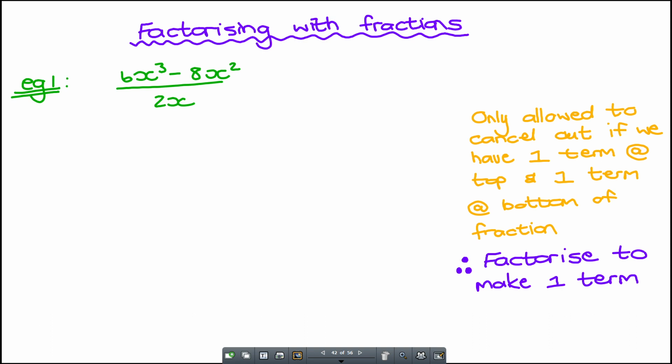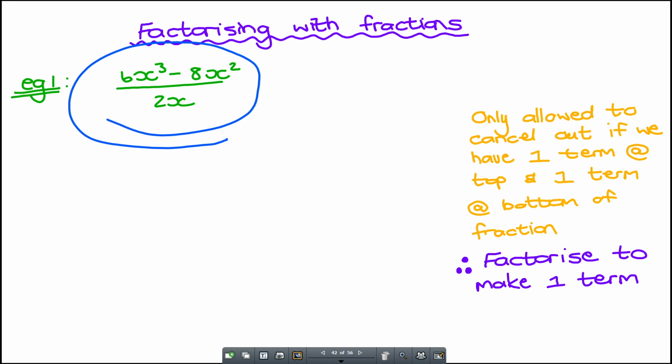The golden rule says I'm only allowed to cancel out if I have one term at the top of my fraction and one term at the bottom of the fraction. So look at this green part that I gave you. How many terms do I have at the top of the fraction?